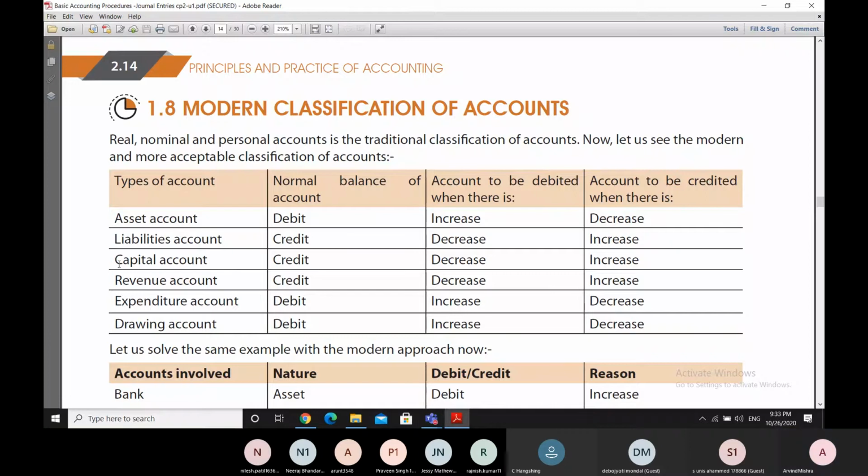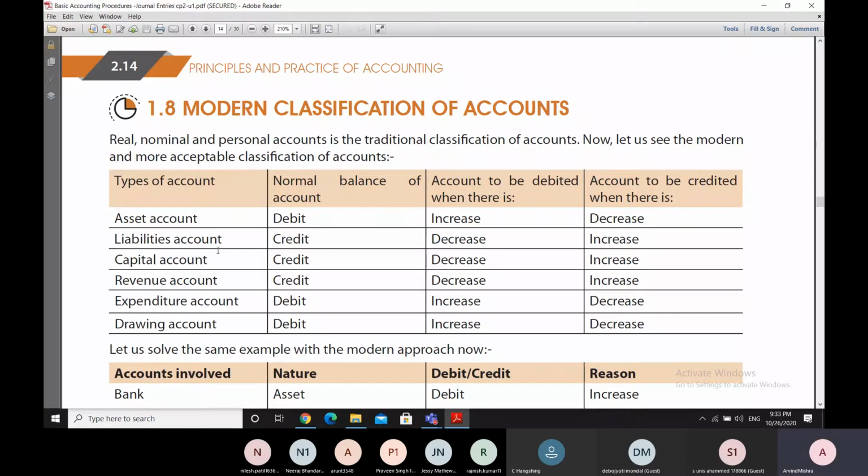And the normal balance in the asset account is a debit, because whenever an asset increases, we debit the asset account, and whenever there is a decrease in the asset, we credit the account.